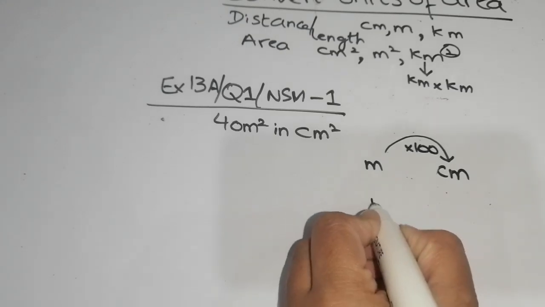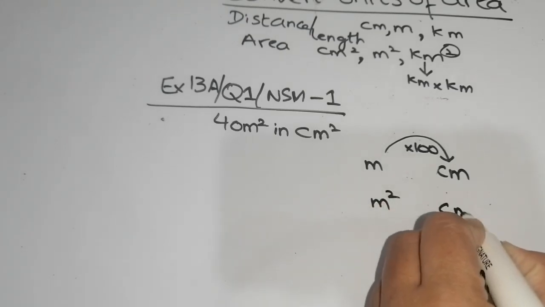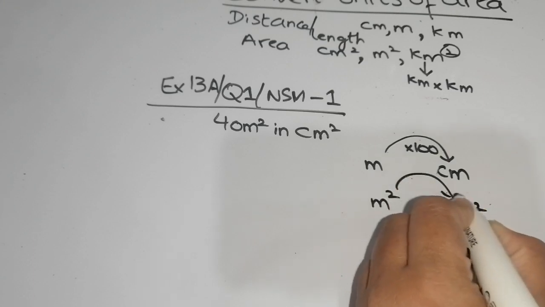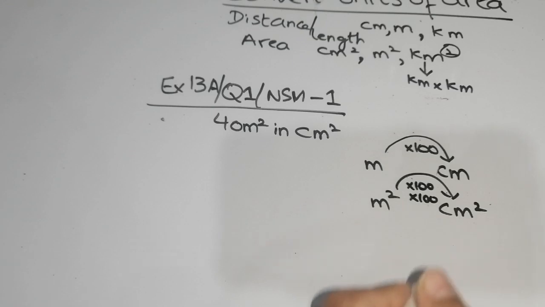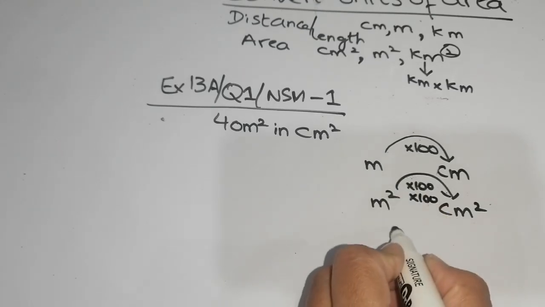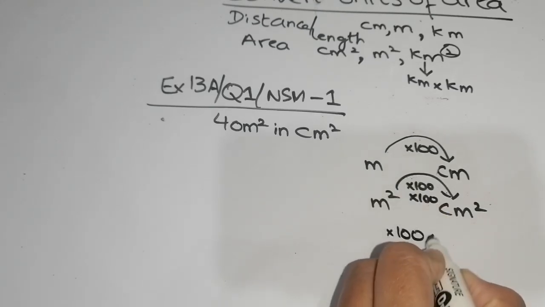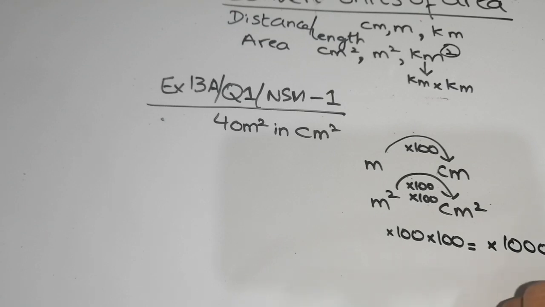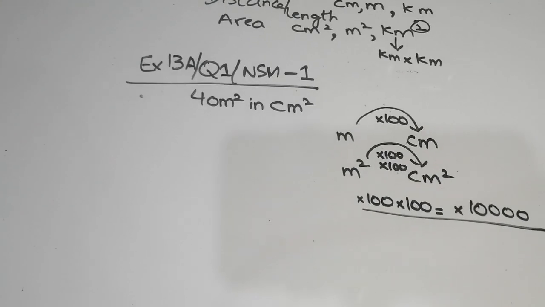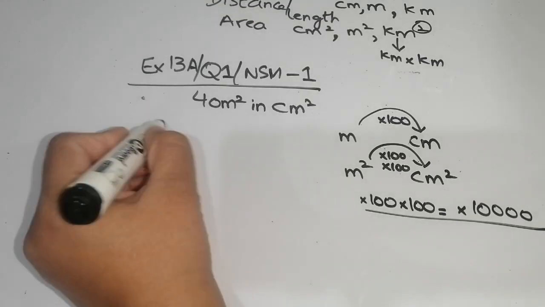But now it's meter square converted to centimeter square, so we will multiply by 100 two times. For ease, we can write that multiplying by 100 and by 100 is equal to multiplying by 10,000. So whenever we are converting meter square to centimeter square, we multiply by 10,000. Simple as that.